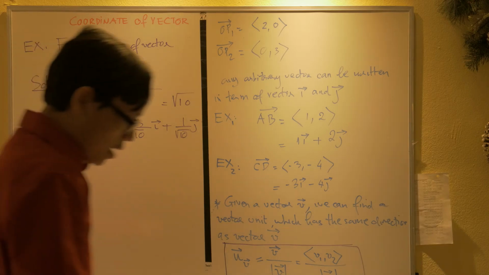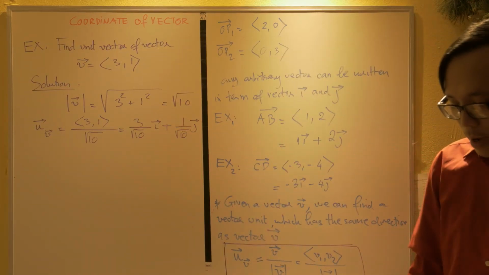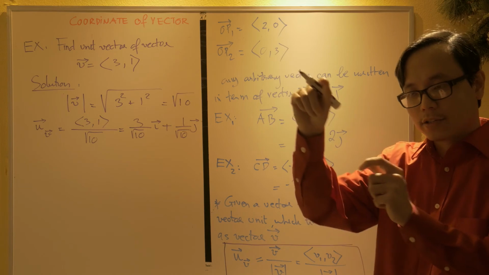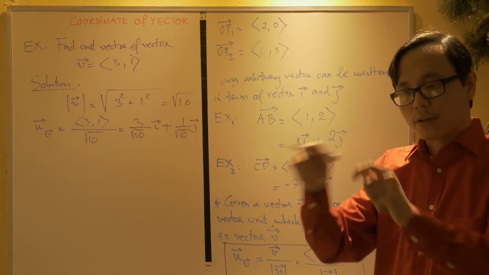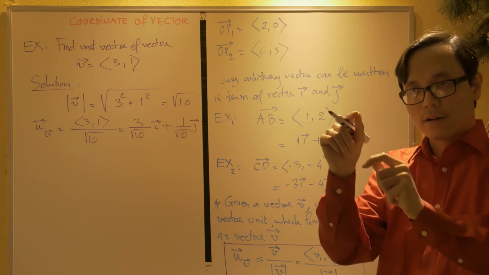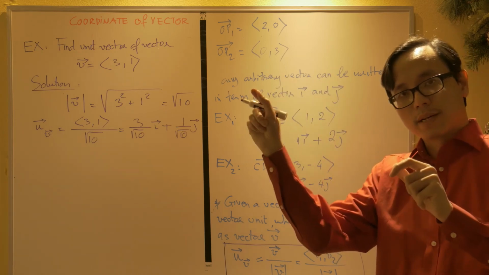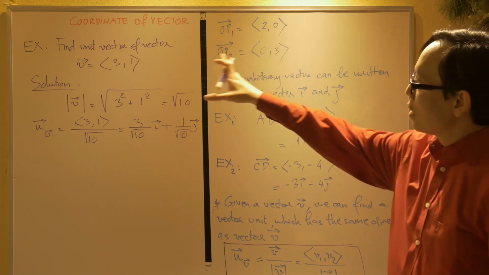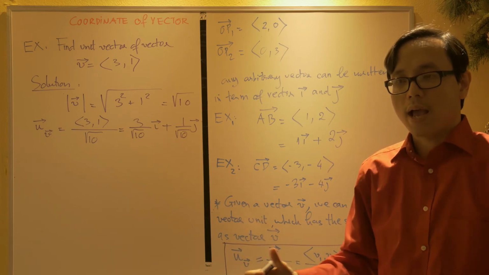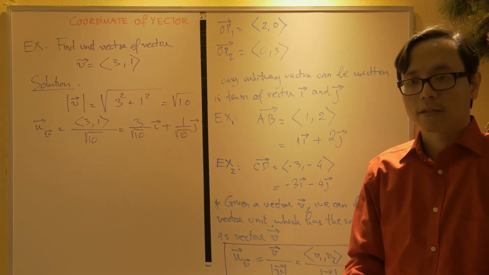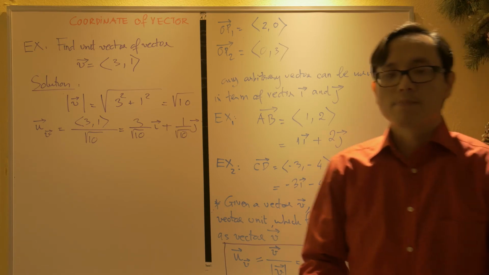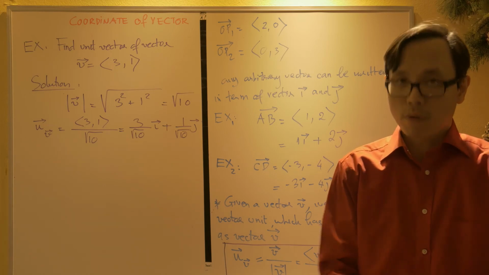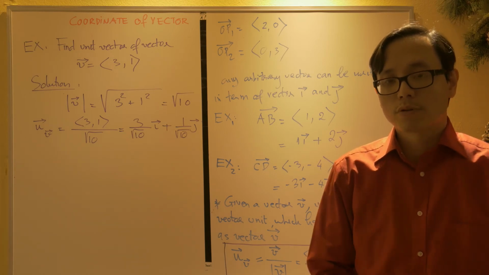Alright. In the previous video, we talked about how to add two vectors geometrically. Remember we used the parallelogram rule, and we also used the first method, where the head of the first vector becomes the tail of the second vector, and you add them. So far we learned that a vector has coordinates. It means that we can add two vectors or subtract two vectors, or even multiply a number by the vector, by adding or subtracting the components of those vectors.